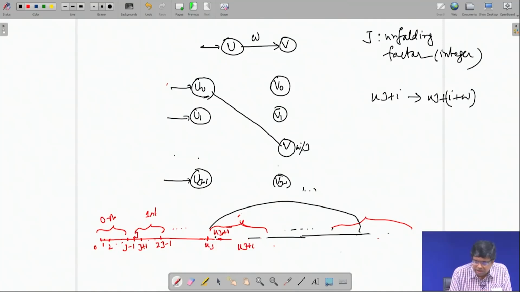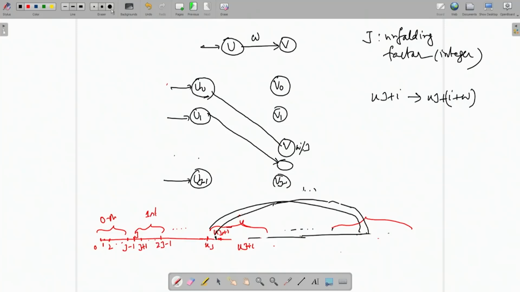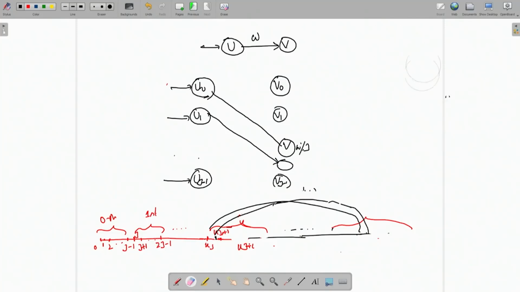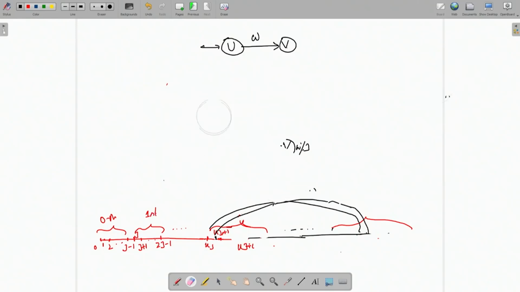Then you take the next one. Next one is Kj plus 1. If you jump from here by 1, here also you will go to the next, so this will go to the next guy. I need to shift this diagram, I need space actually.